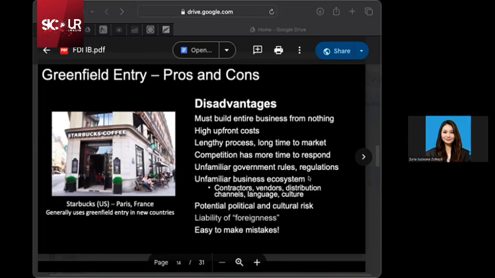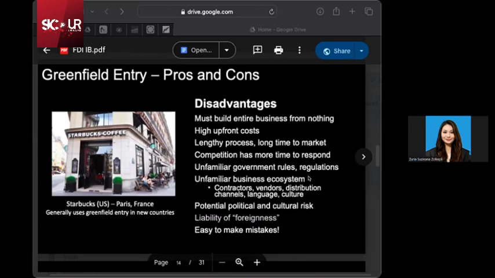But if you don't have partners, if you do everything on your own, you might need to hire consultants, experts, in all the government rules to make sure that you are adhering to all the rules and regulation, to make sure that your business can run smoothly without any legal problem.